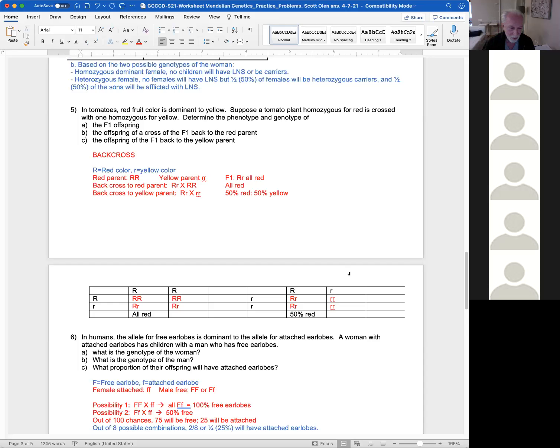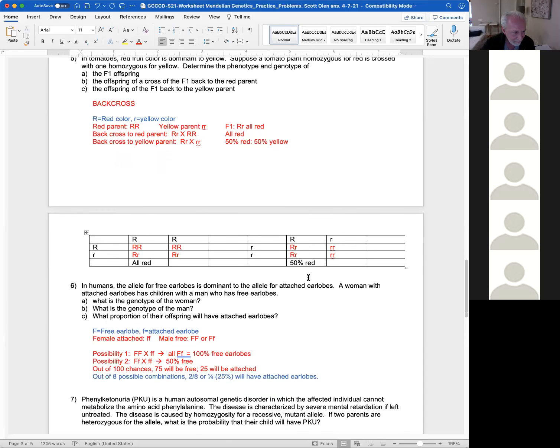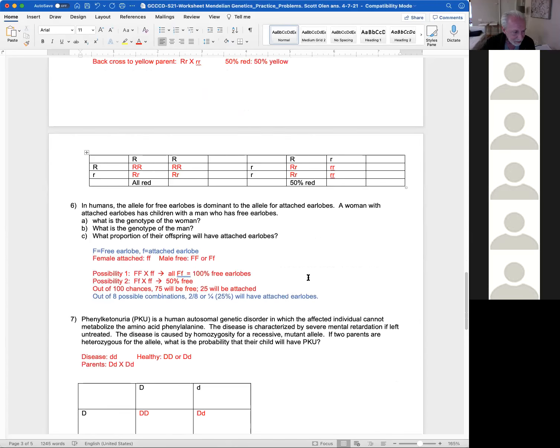In other words, I mean, 50% is statistical, but you wouldn't see any other ratio besides that. Oh, okay. Okay.